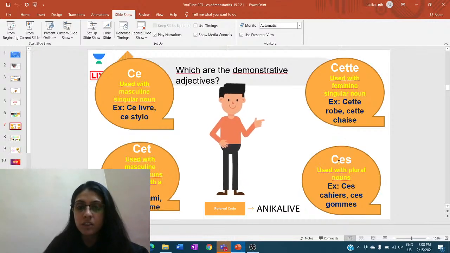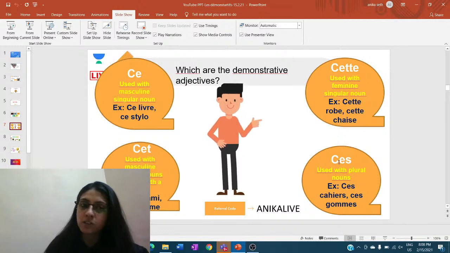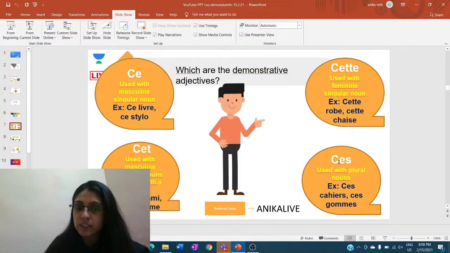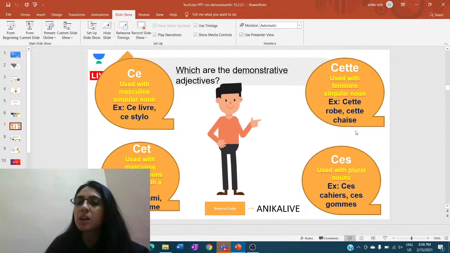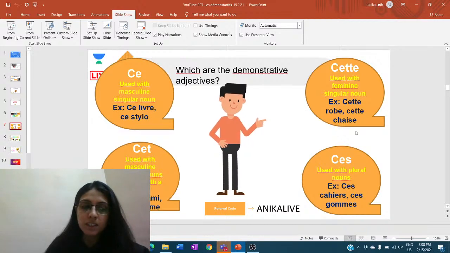For example, ces cahiers, ces gommes. So for both, be it masculine plural or feminine plural, we will use ces: ces cahiers, ces gommes, ces livres, ces stylos, ces robes, ces chaises. Whichever noun is used in plural form will be used with ces.